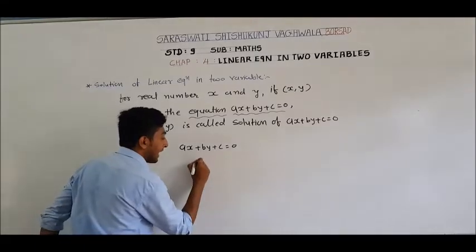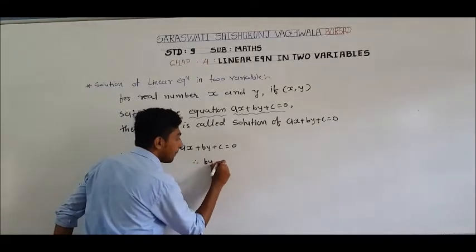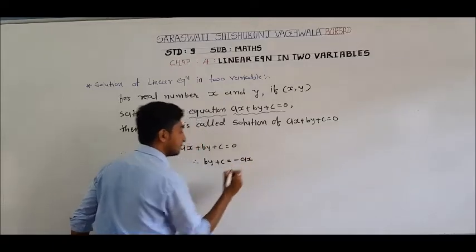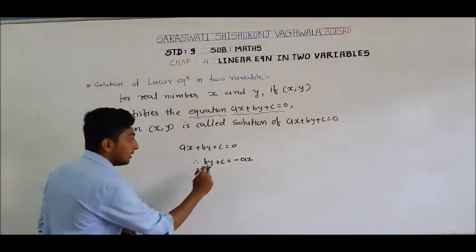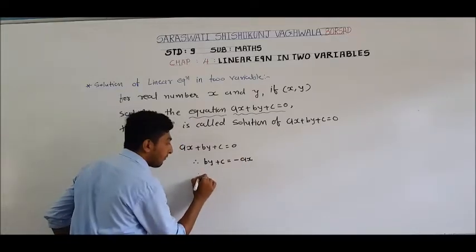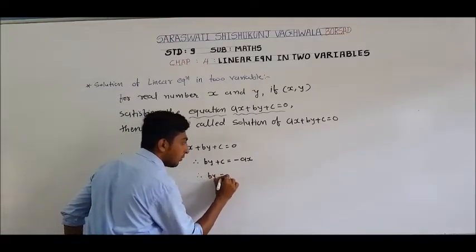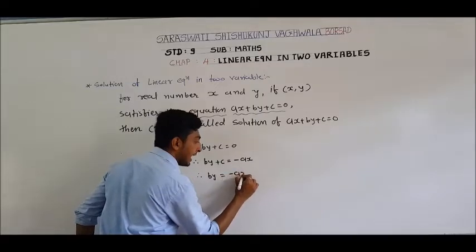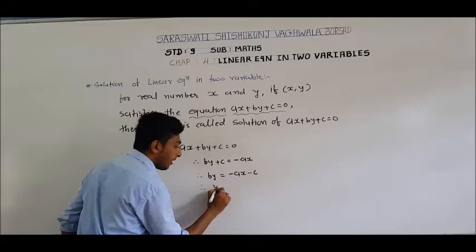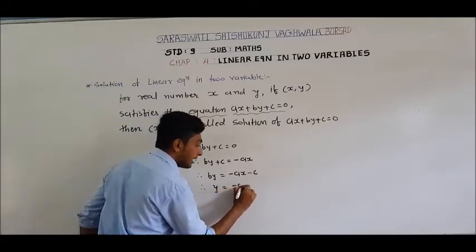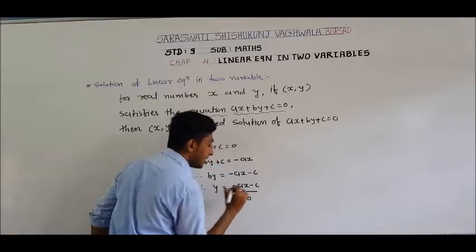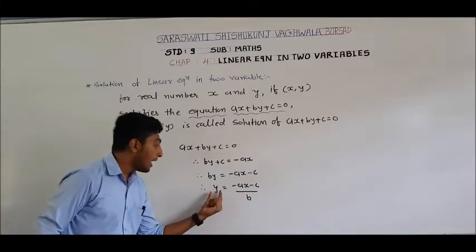So by plus c equal to minus ax. Now take c to the other side, the sign will also change. Therefore by equal to minus ax minus c. Therefore y equal to (minus ax minus c) divided by b. So this is the value of y.